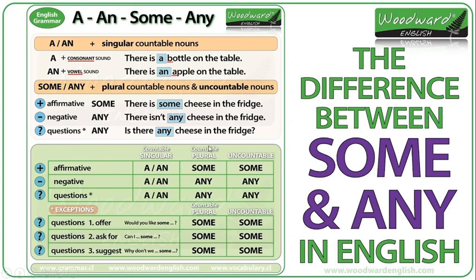Any we are using with countable and uncountable nouns in negative sentences and questions. But we are using some in positive sentences. For exceptional cases, when we ask for something, when we suggest, when we offer, we are using some in all the places, with countable plural and uncountable nouns, in the questions, only in the questions.